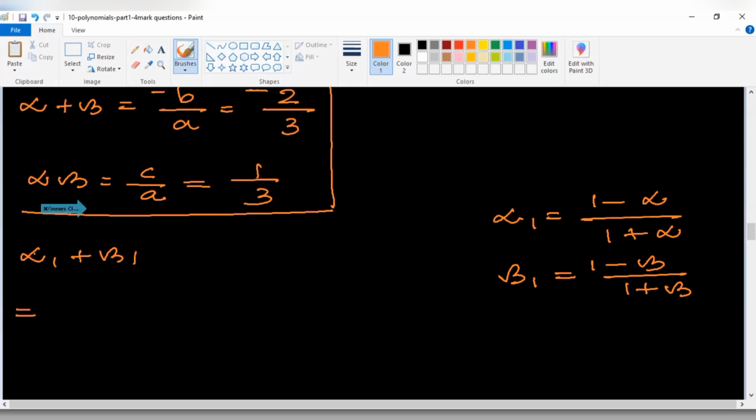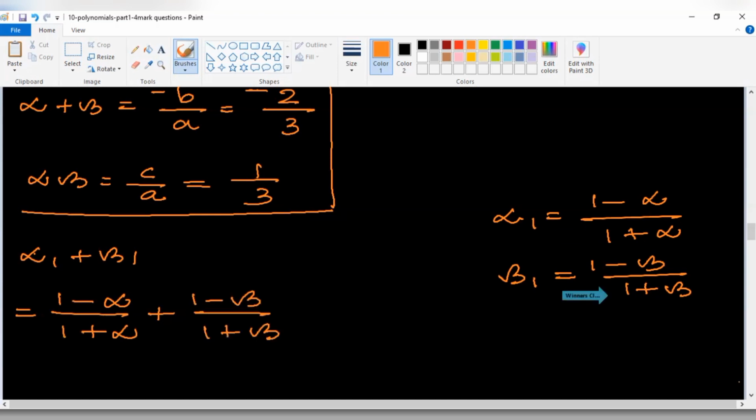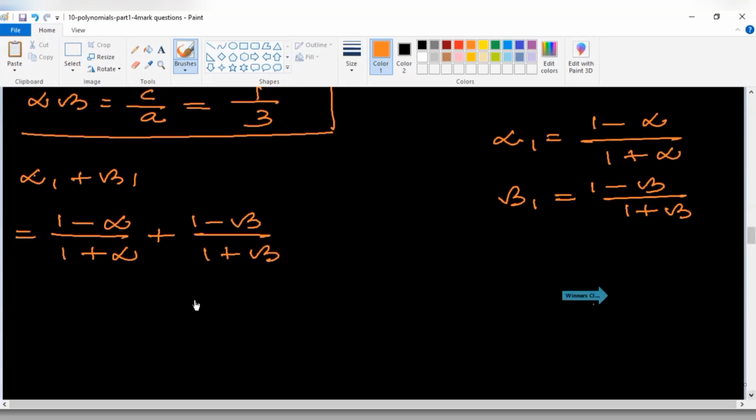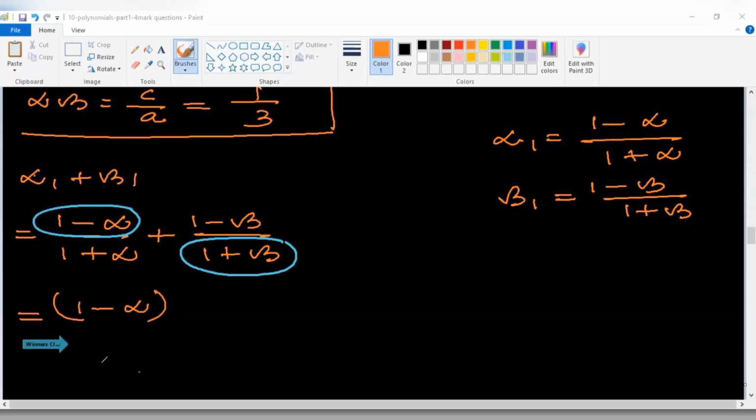Alpha 1 is 1 minus alpha by 1 plus alpha, plus beta 1 is 1 minus beta by 1 plus beta. Now, when we add these two, here the denominators are not the same, so let us do cross multiplication. So we have to multiply this into this, right?